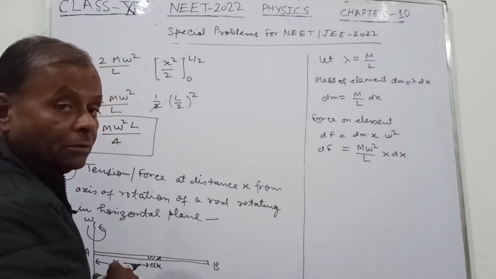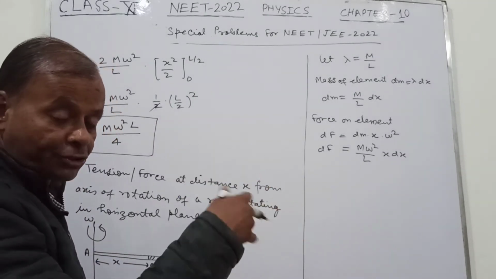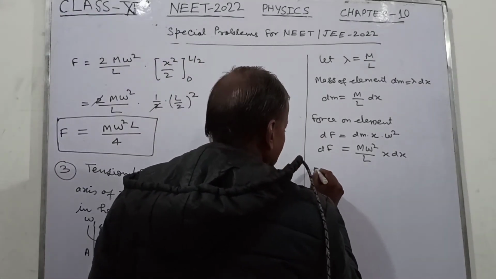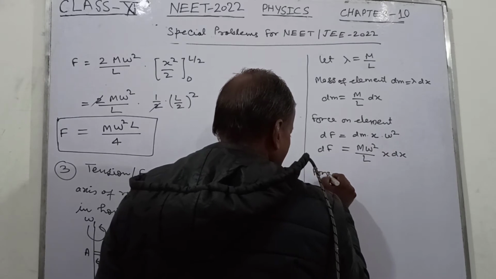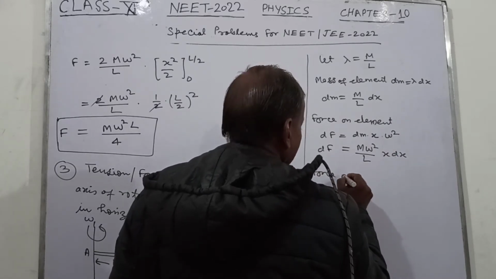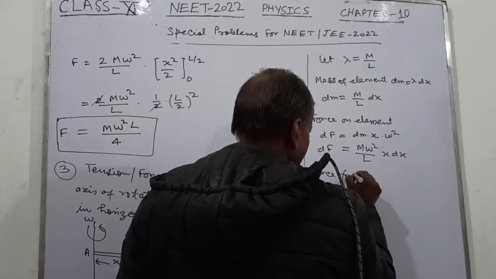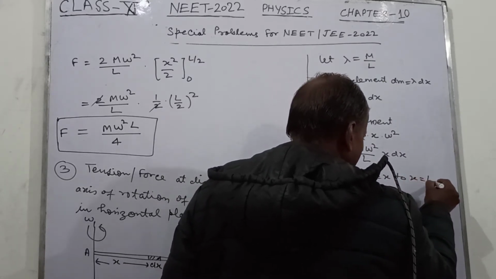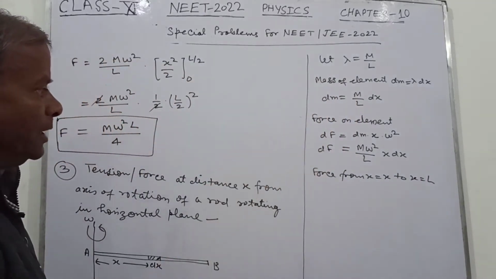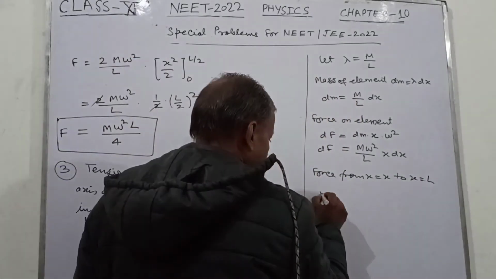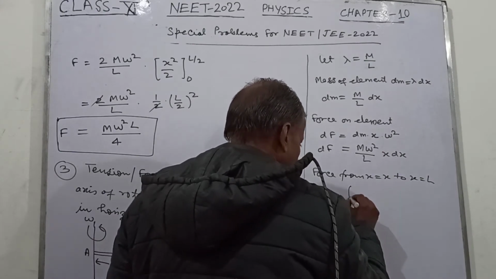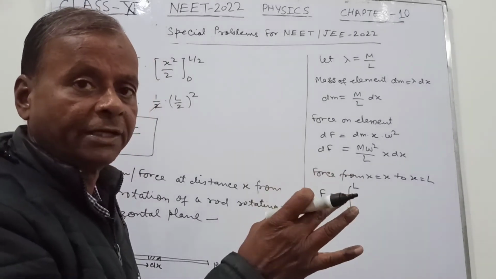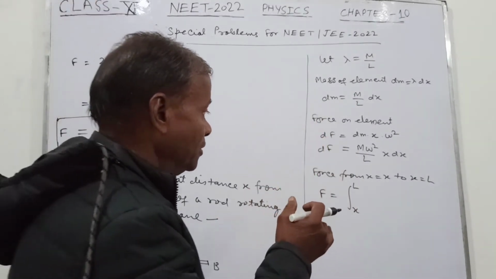So now we will find the force from x equal to x to x equal to L. Now this F is equal to the integration from x to L. This will give you a general formula that you can use at any distance on the rod.